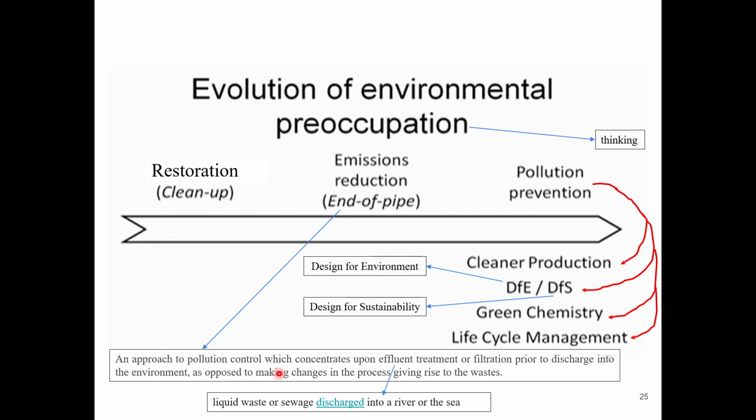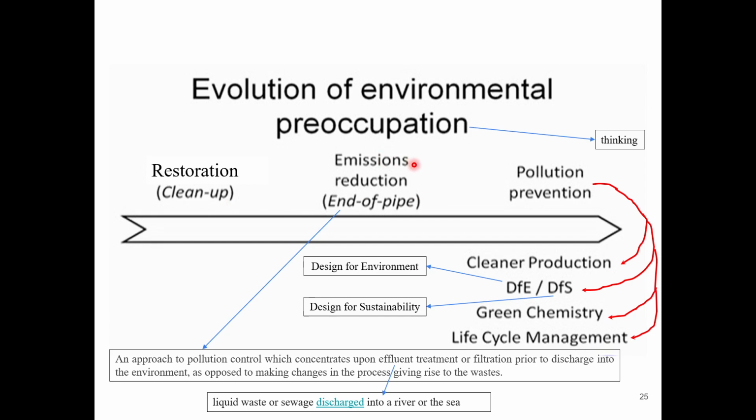End of pipe is an approach to pollution control which concentrates upon effluent treatment or filtration prior to discharge into the environment, as opposed to making changes in the process giving rise to the waste. Effluent is basically liquid waste or sewage discharged into a river or the sea. In restoration or cleaning up, we actually discharge the liquid waste or sewage into the river or the sea, and then think of cleaning up.